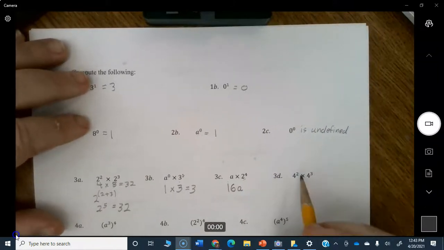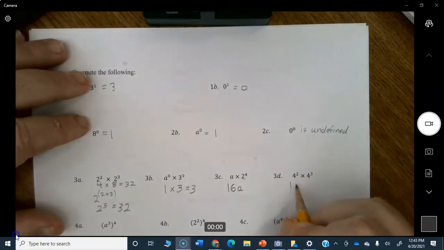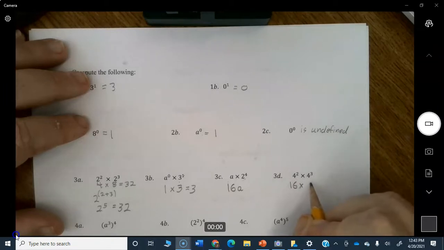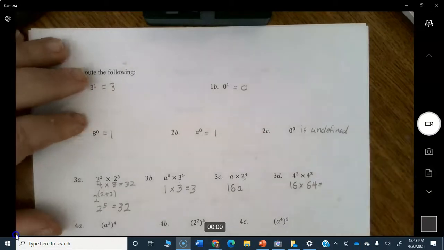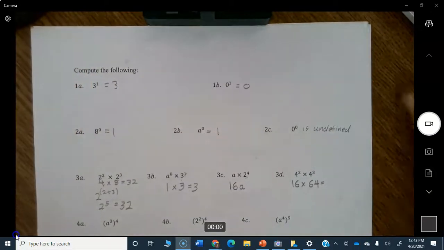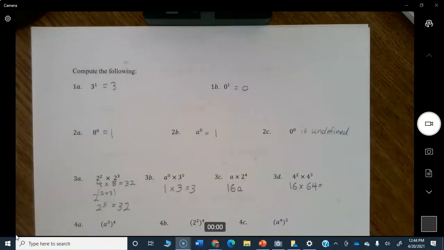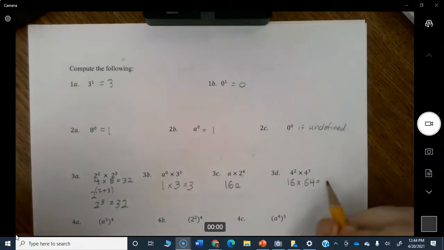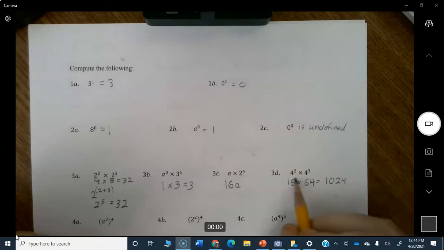All right, how about this? 4 squared times 4 to the third. Let's do that. So 4 squared is 16 times 4 to the third is 64. And when we multiply those together, we get 1024. So verify that by doing this.